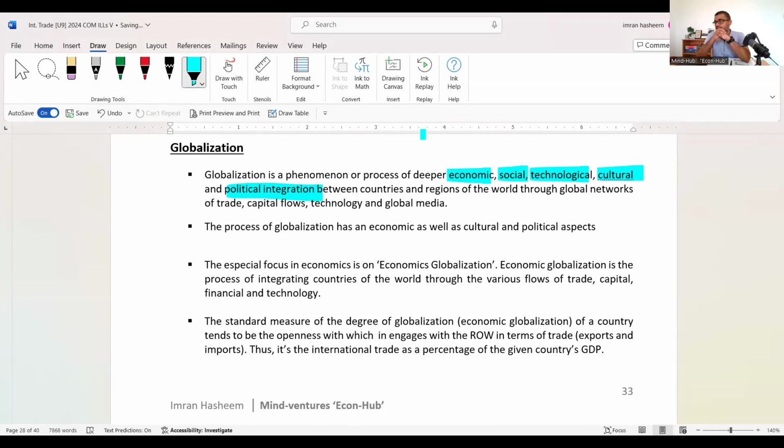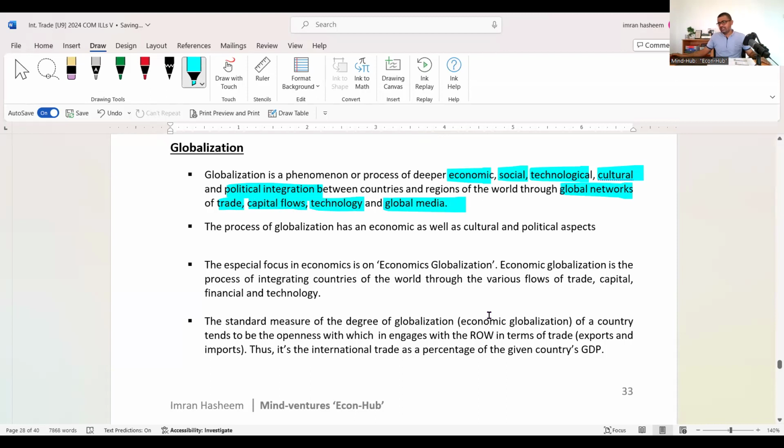Working together between countries and regions of the world through global networks. Now, how do we achieve that? Through global networks: trade, a big part of it, capital flows, technology, and global media, social media and traditional media.